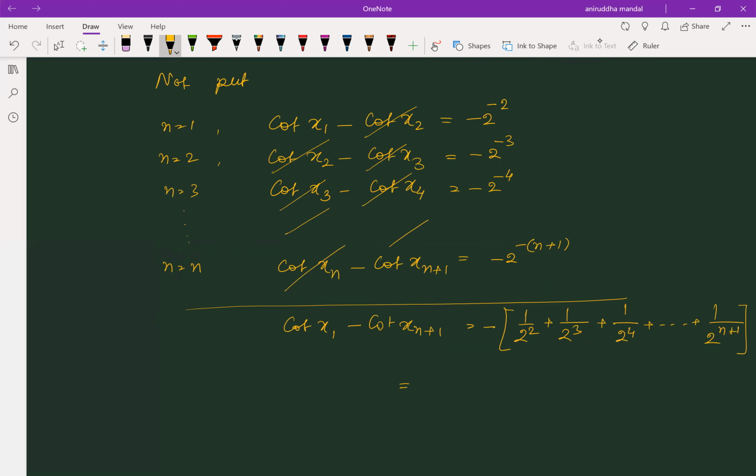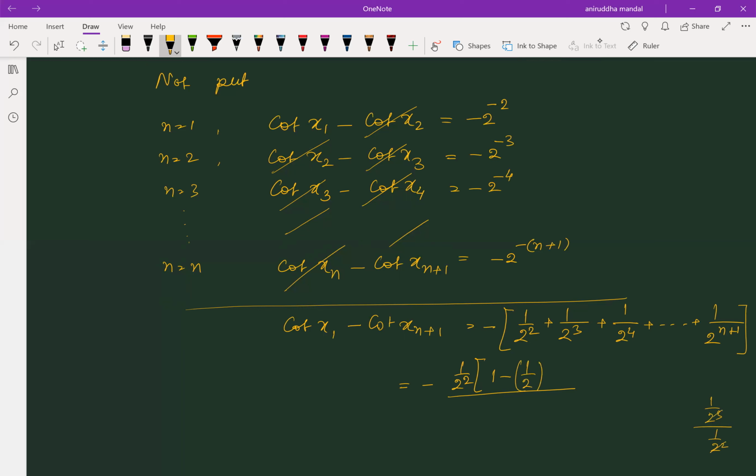So we will use the formula for the sum of a GP. The first term is 1 by 2 square, and the common ratio is 1 by 2 cube over 1 by 2 square, which is 1 by 2.